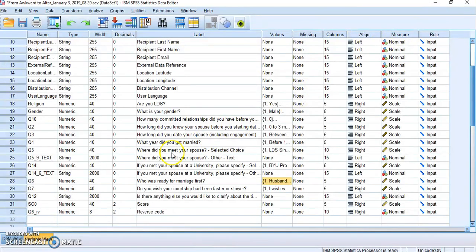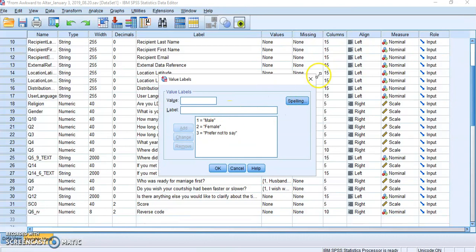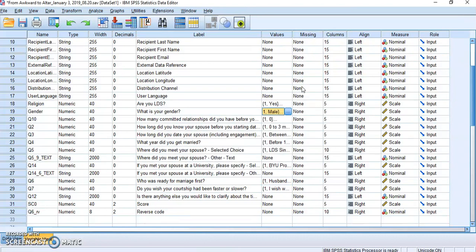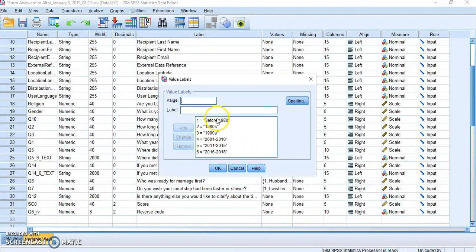So what does our data need to look like? You need two variables, one that is categorical, such as gender, male or female, religious affiliation, any other grouping variable, and another one that's your dependent variable, and that's going to be continuous. So for example, what year did you get married?